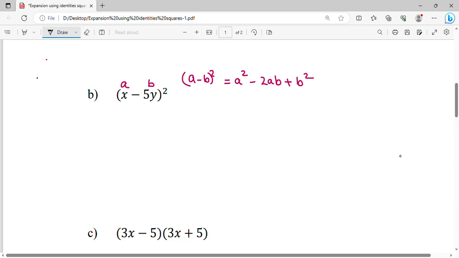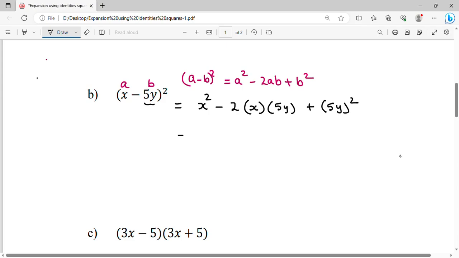So this becomes x squared minus 2, a is x, b is 5y. Okay, the minus is already here. So if you just take the positive 5y, it's enough, plus 5y the whole square.